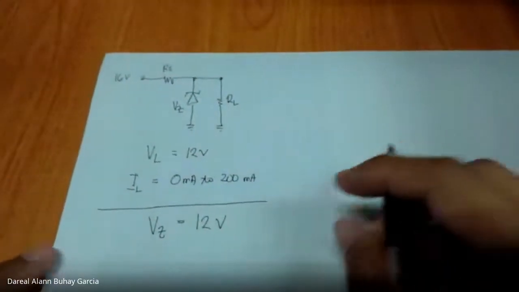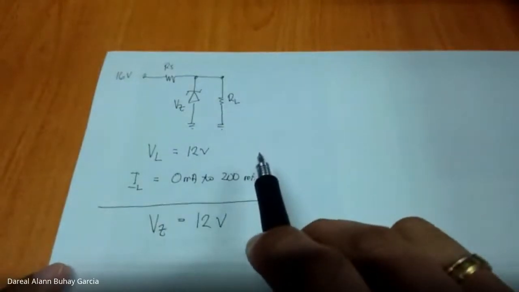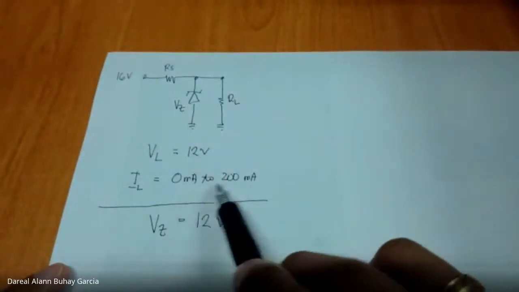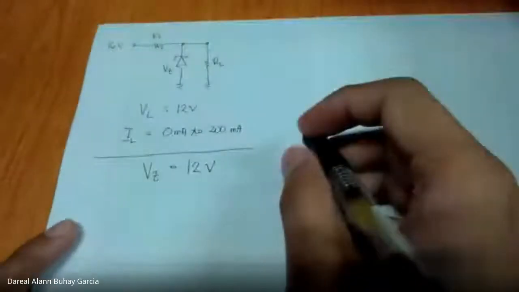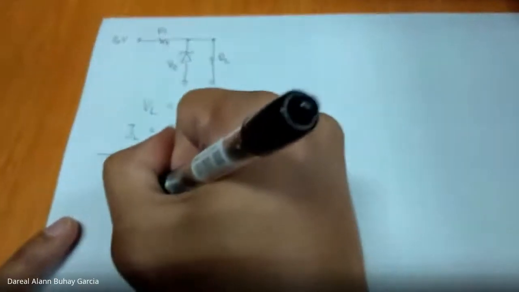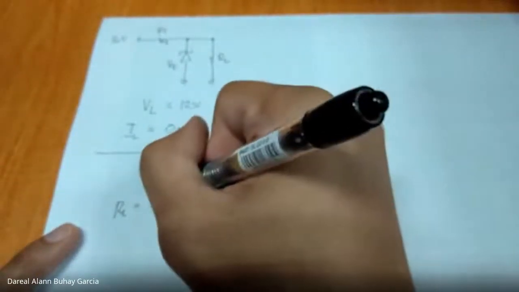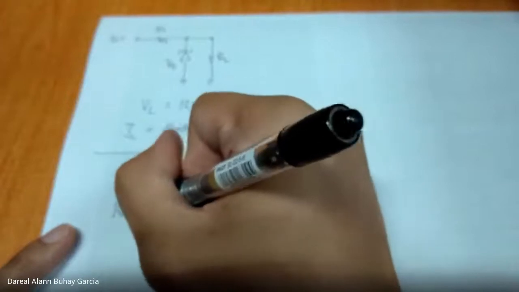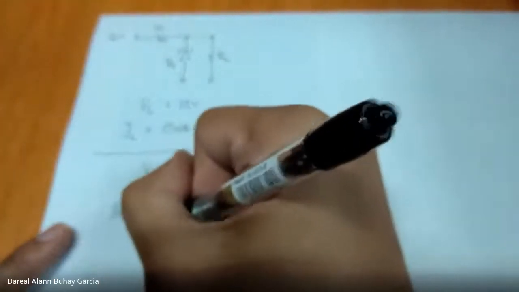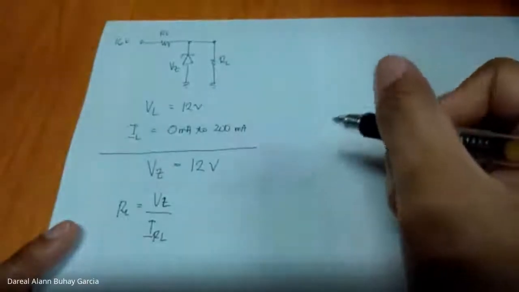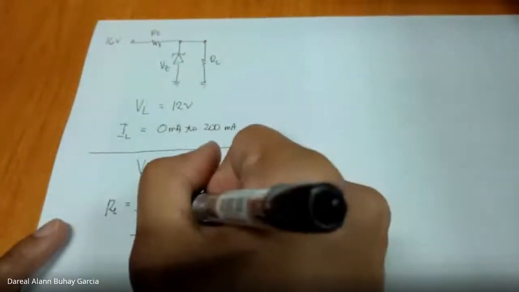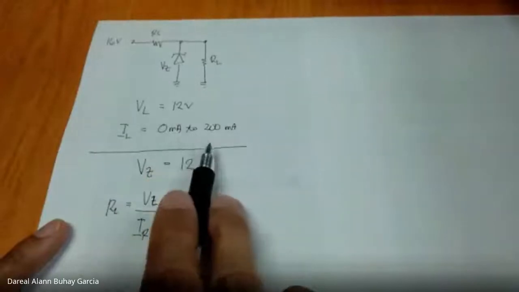What's next? RL. R is V over I. VL, VRL over IRL. 200 milliamperes.